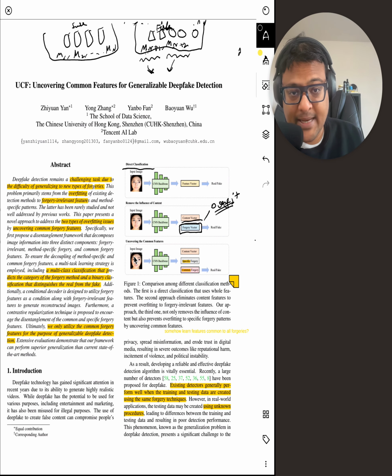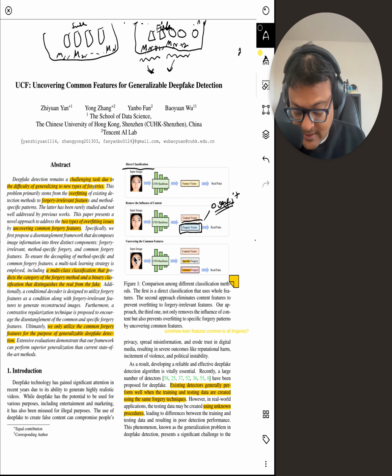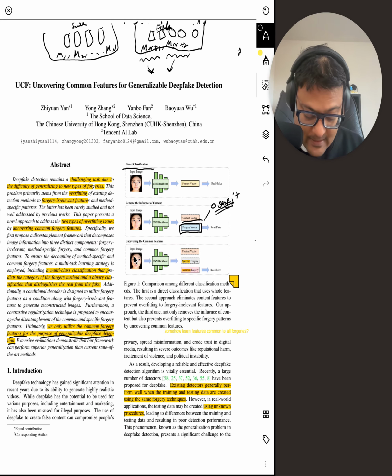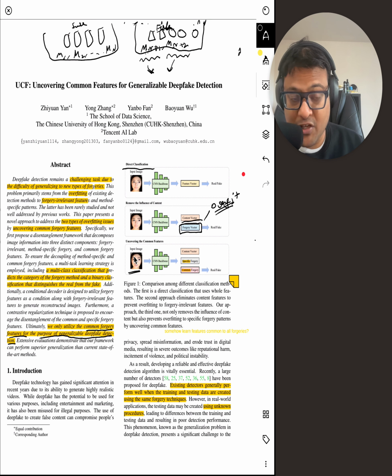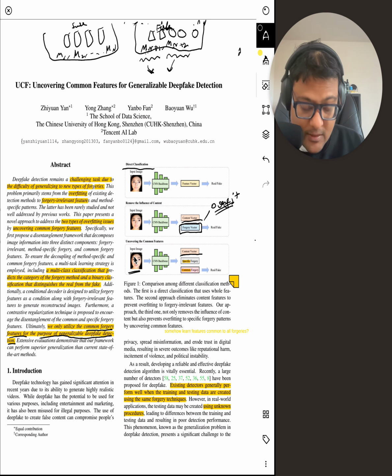And this is the core idea of this paper: how do you learn the common forgery features for the purpose of generalizable deepfake detection? What the authors say is that when you are given an input image, there are actually three kinds of features which you can disentangle from it. The first feature is a content vector, which in this case is all the semantics of the girl, okay?